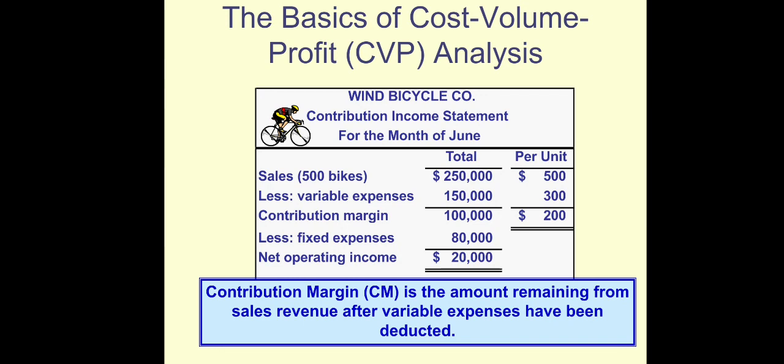In management accounting, there is another format of income statement. We call it contribution income statement. You can see the contribution income statement here in this slide, in the gray box. So you see the format is simpler.